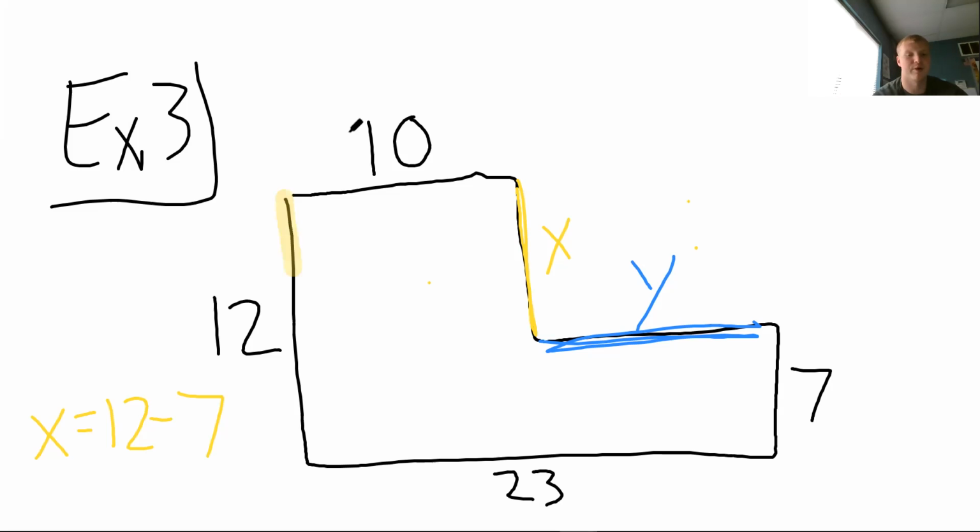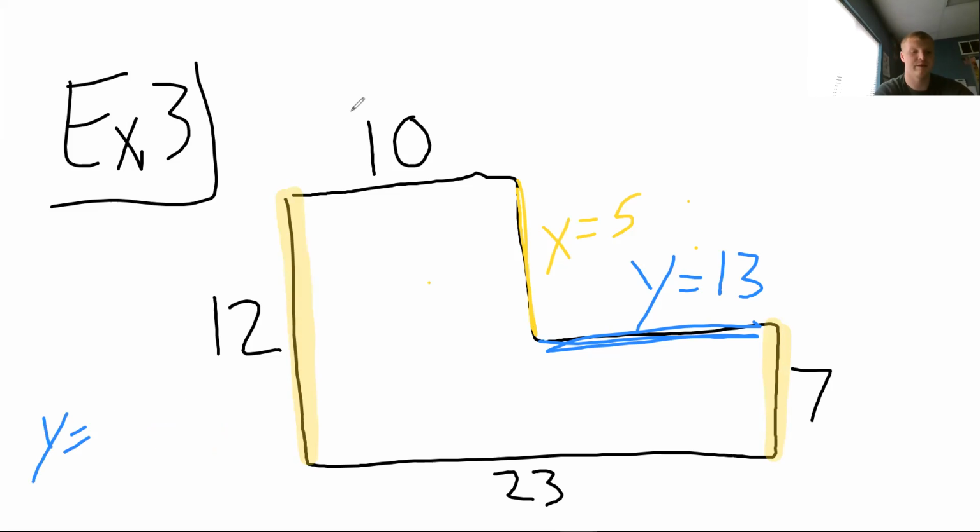If we look at the vertical part right here, this is 12. The other vertical part right here is 7. The missing side is going to be the difference of 12 and 7, which is 5. So X equals 5. What's Y going to equal here, Courtney? Y equals 13? Yeah, you're right. How'd you get that? Yep, 23 minus 10, which equals 13. Good.